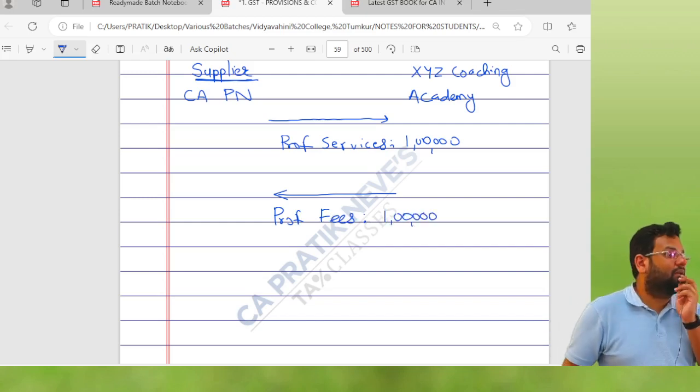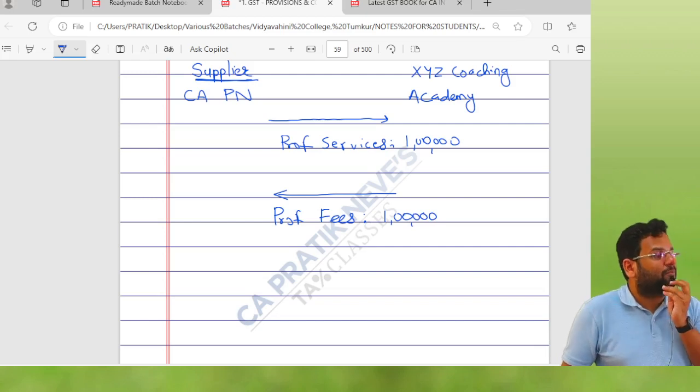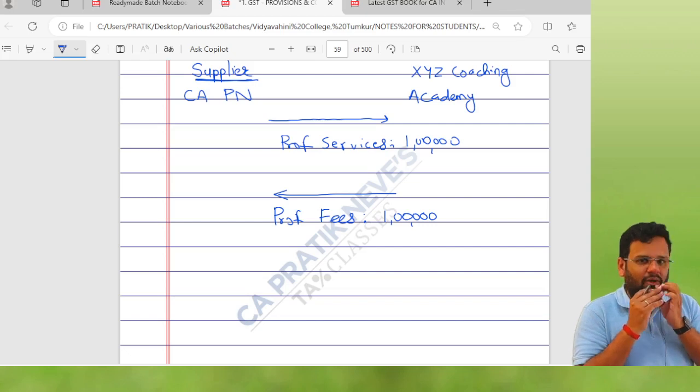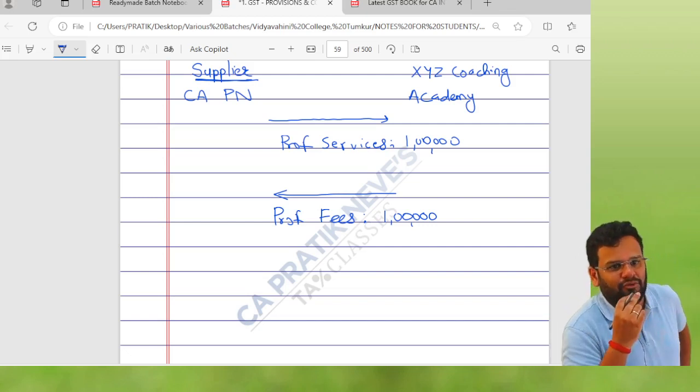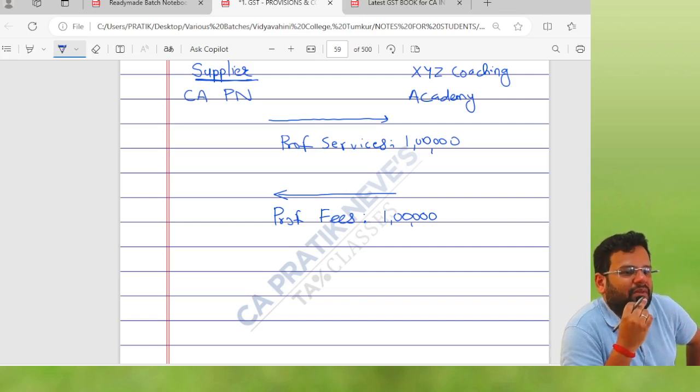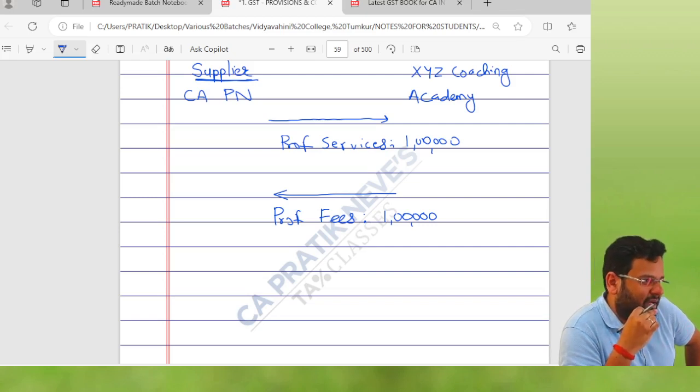But understand one thing. They will not pay 1 lakh because the Income Tax Act, which we are going to start learning from 21st of April, says that it is whose income? It is the supplier's income. Correct. So the supplier has to pay income tax.